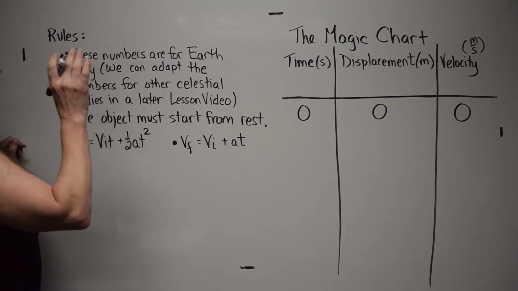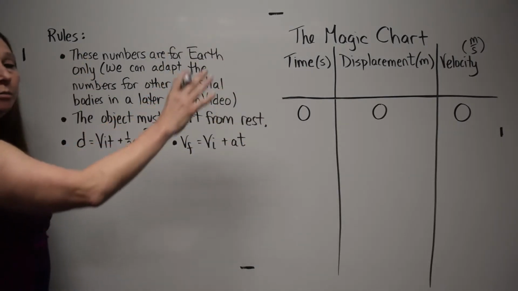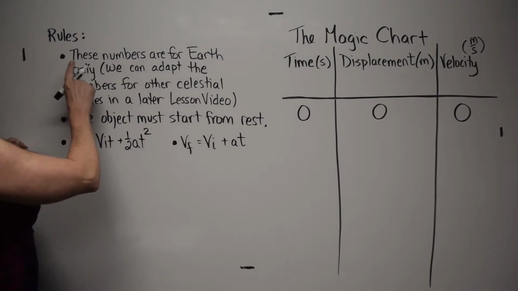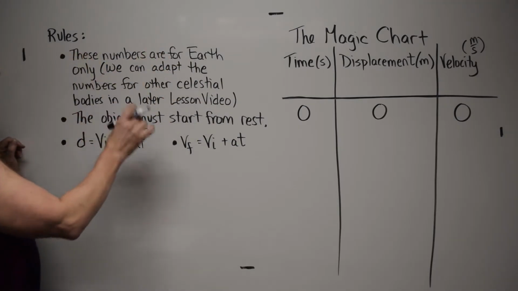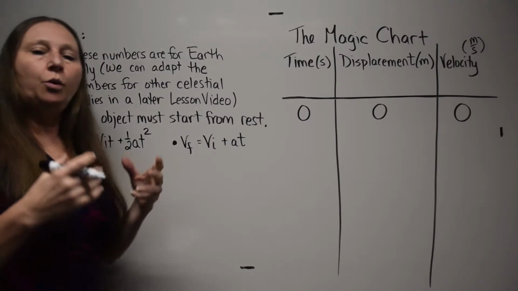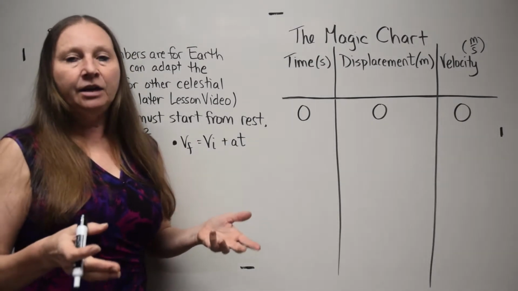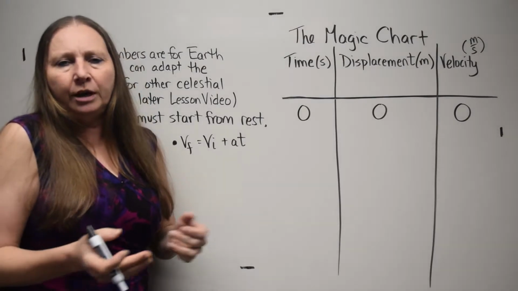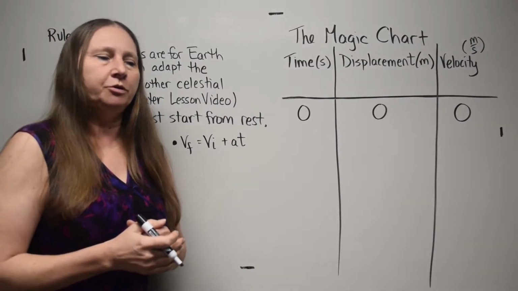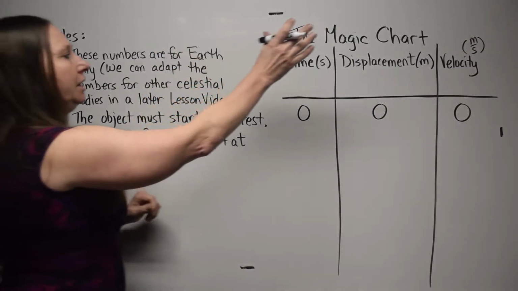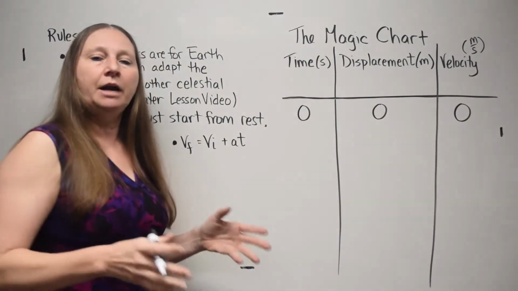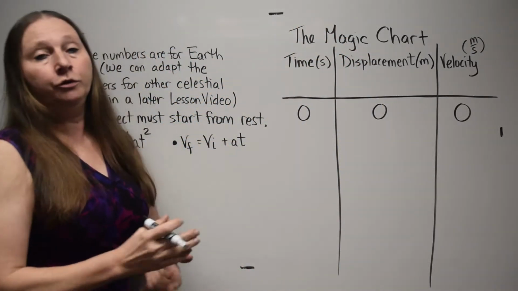First of all, the way we're going to put the numbers on the chart today, these numbers are for the Earth only. In other words, where g, or the acceleration due to gravity, is 10 meters per second squared. It's really 9.81, but we're going to say 10 meters per second squared. So these numbers would not be correct for the moon, or for Jupiter.